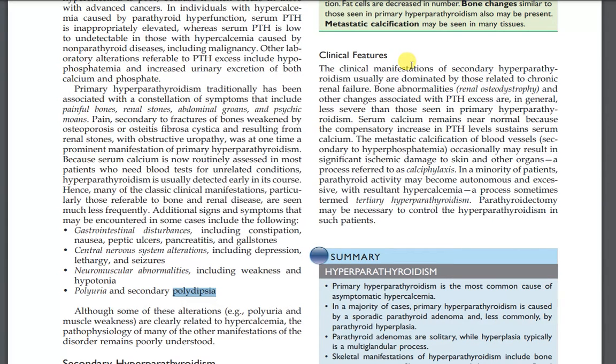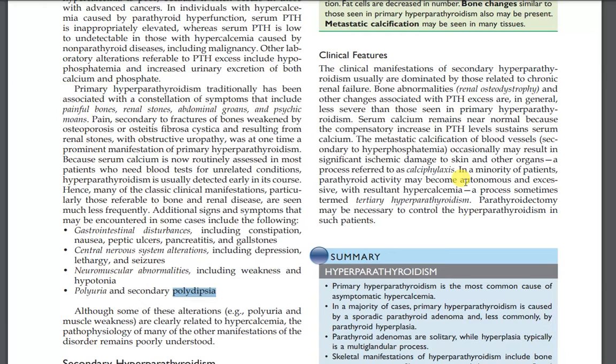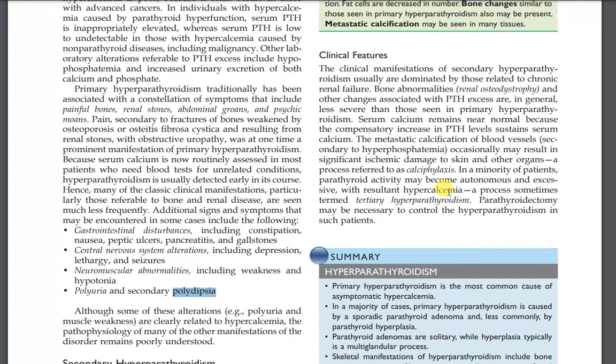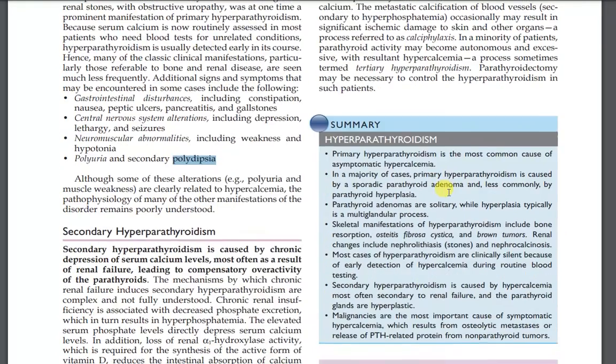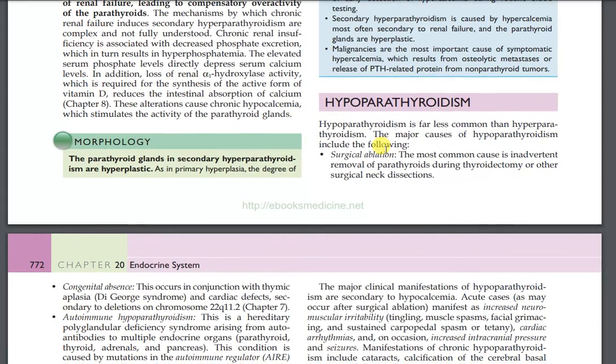Calcium is not properly removed from the body, and that's why PTH is subsequently increased, and due to this the gland becomes hyperplastic. Okay, that's the summary we discussed. Okay, hypoparathyroidism.